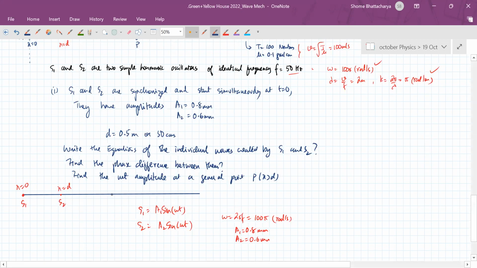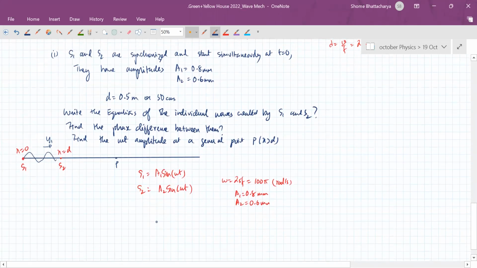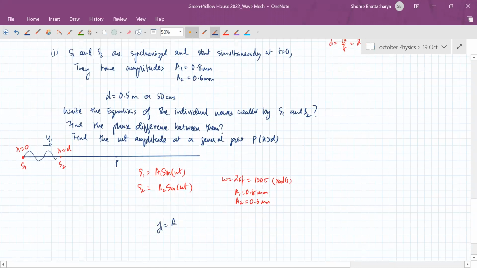At a general point like this, the wave created by the first source, y1, will be equal to A1 sine omega t minus kx, where k is omega by v.